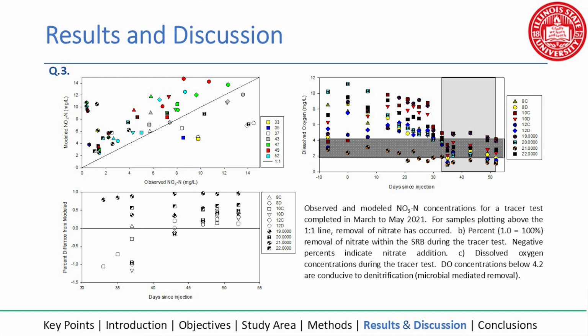And what we did is we did a tracer test where we put in a given amount of a tracer. In this case, we used sodium chloride and then also a dye that we put into the box, and then that flowed with the water into our system. And then we would measure the concentrations of chloride and nitrate in the tile water and in our well waters to get an idea of how much mixing was occurring and how much nitrate was being removed based on our mixing model.